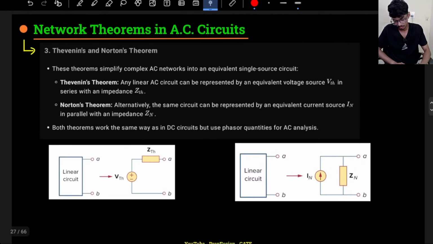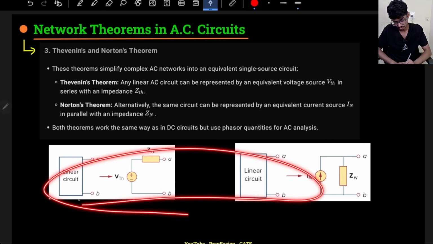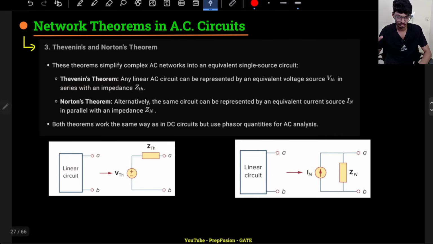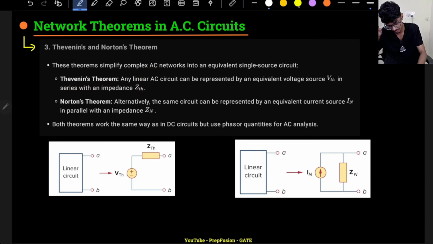So now let's discuss Thevenin's and Norton's theorems. Thevenin's theorem is basically the same for DC and AC. Just keep in mind that the circuit must be linear, then only you will be able to apply Thevenin's theorem. The load also must be linear if you want to apply Thevenin's theorem on the whole circuit.